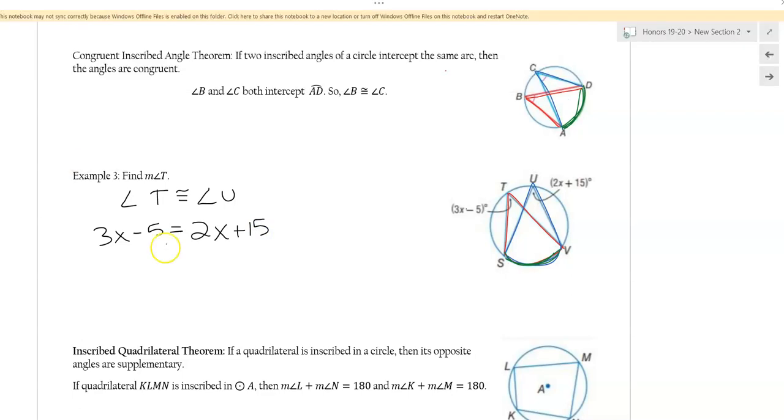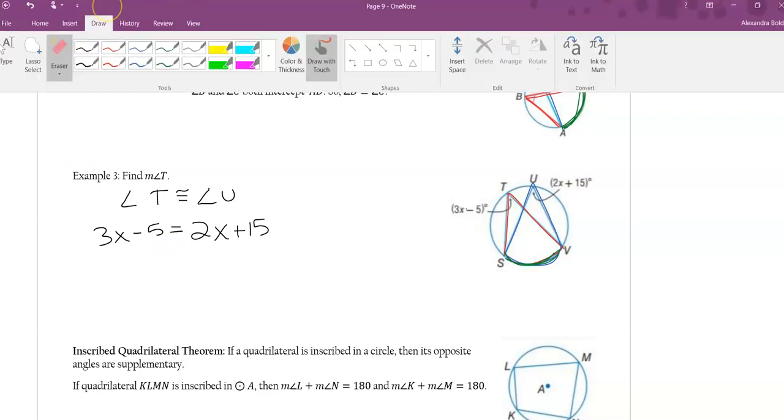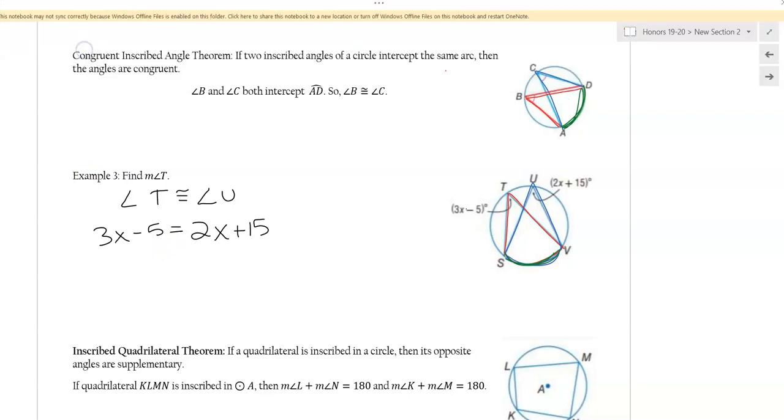So this is similar to kind of what we did yesterday, right? With making a lot of things equal to each other. So I'm going to subtract 2x from both sides. So I have x minus 5 equals 15. So those cancel. Add 5. X equals 20.